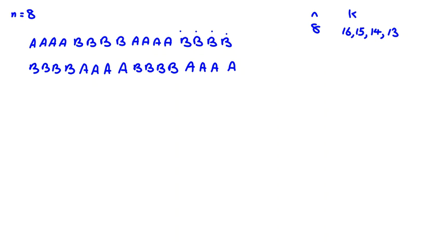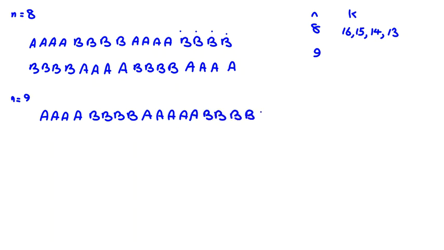Now let's consider, for example, maybe N is 9. We can see which numbers are bad. If we have N9, we can say, okay, we have 4 A's, 4 B's, then, for example, 5 A's, 1, 2, 3, 4, 5, 5 B's.